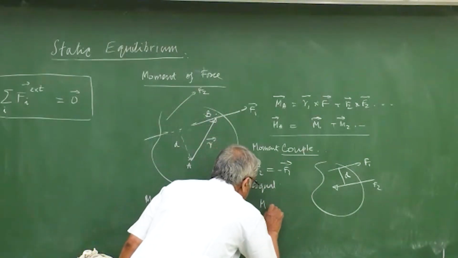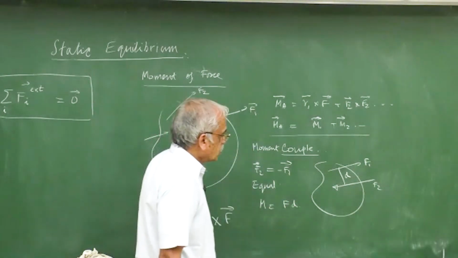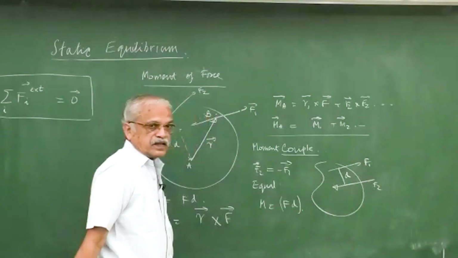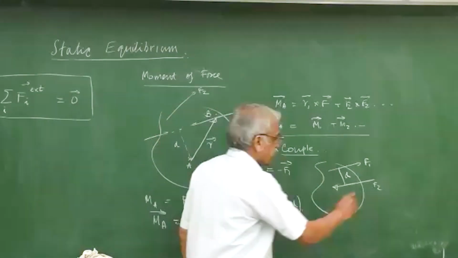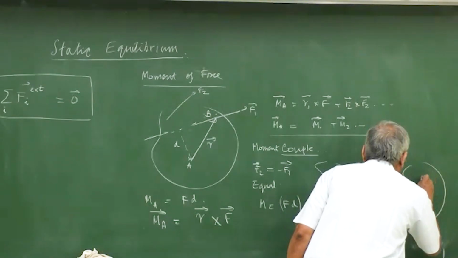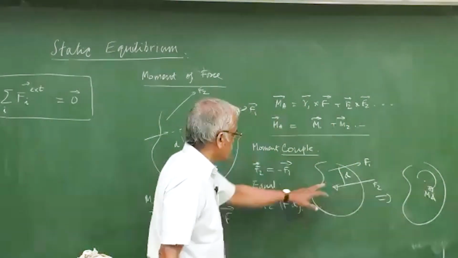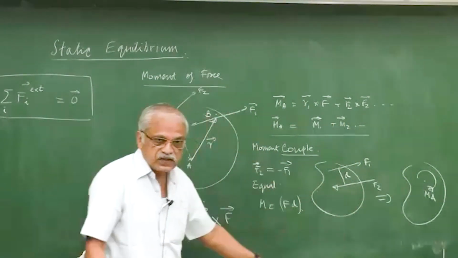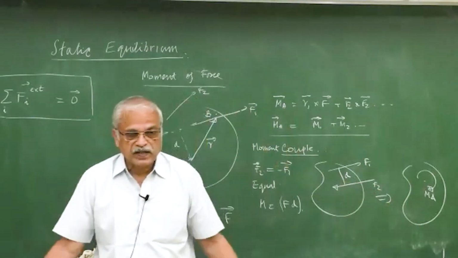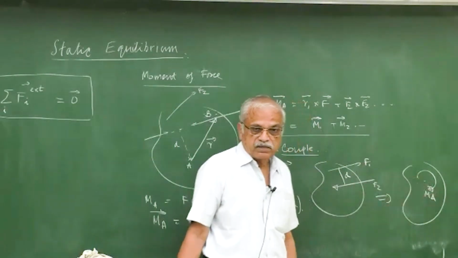So the moment here is simply F into distance d. These two forces, which are equal and opposite, parallel to each other and separated by distance d, can be simply replaced by a moment. Its effect is simply a moment, or sometimes we call it a couple.